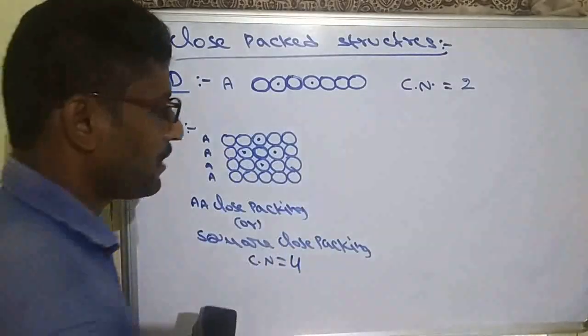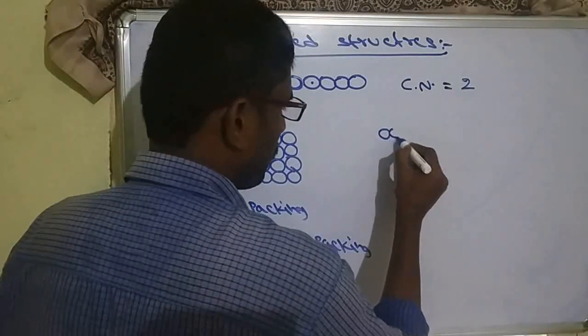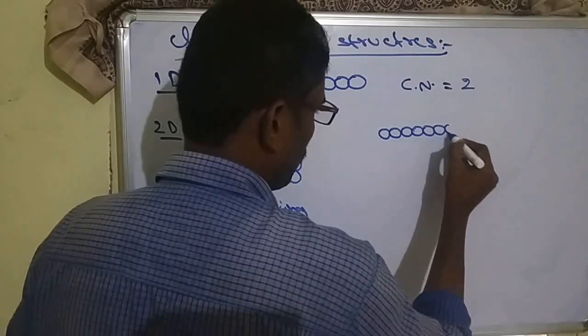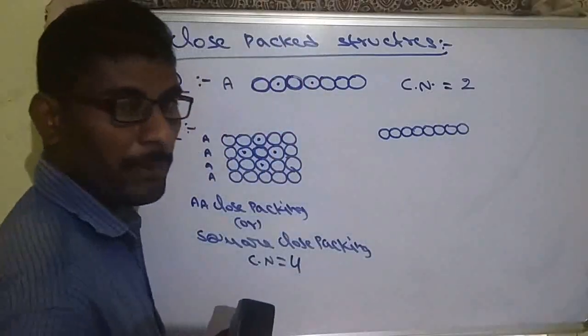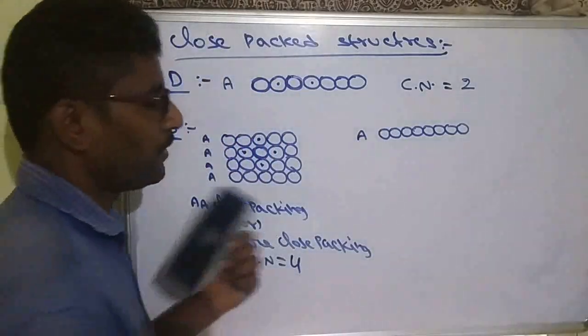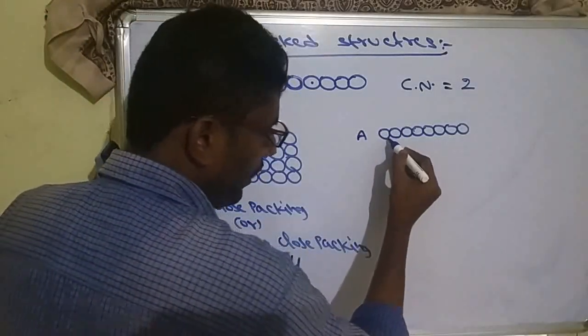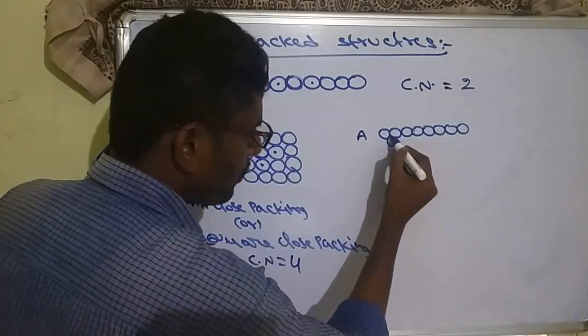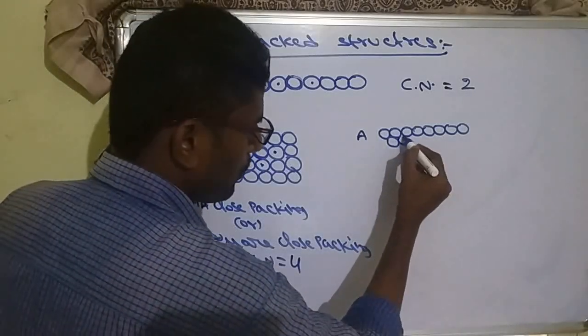Another possibility is there. This is a one-dimensional structure, represented with A. Similarly, another second one-dimensional structure, I am writing exactly below these two spheres, like this.